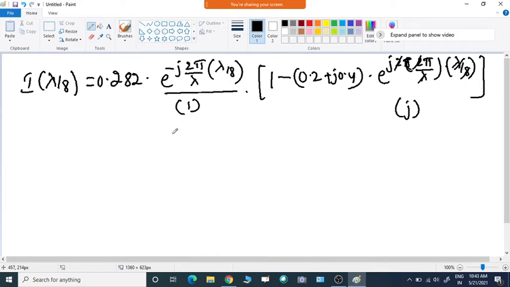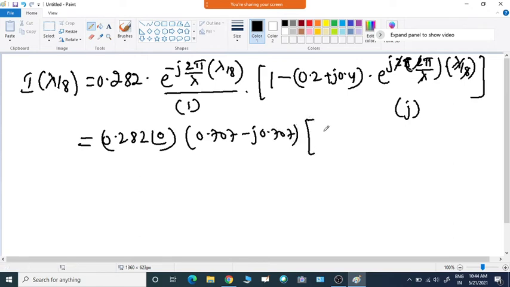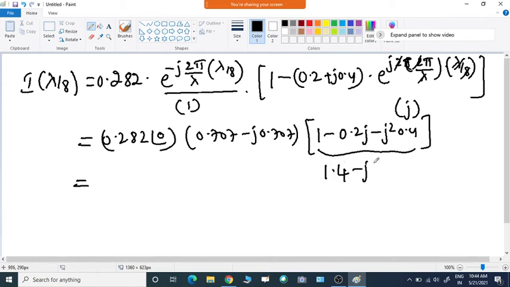Multiply this and you will get the value. So 0.282 at an angle 0, into 0.707 minus j 0.707, into 1 minus 0.2j minus j square 0.4. So plus 0.4, which will give 1.4 minus j 0.2. So multiply this to this and this, and you will get I of lambda by 8.